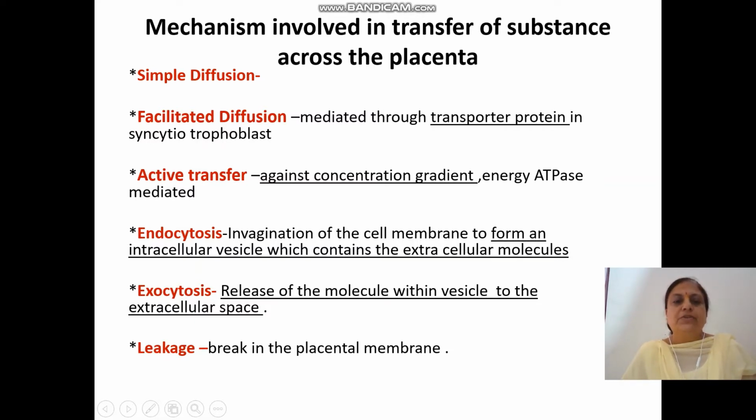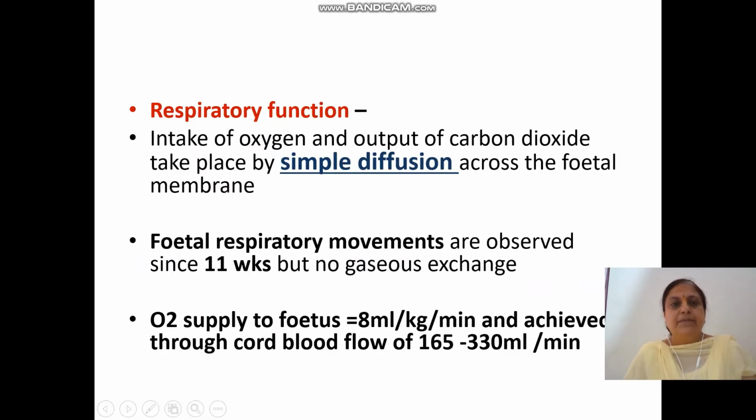Opposite to endocytosis is exocytosis, where the substance is excreted out, so the molecule within the vesicle is released to the extracellular space. Leakage is a break in the placental membrane.